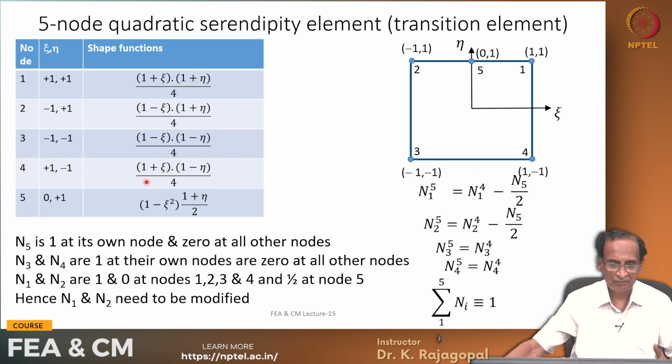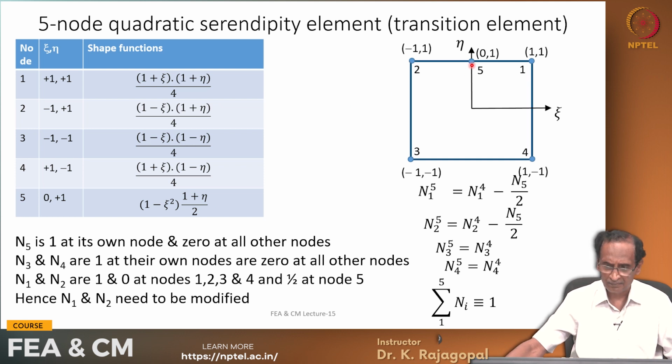Now we have introduced the fifth node at this point, and that is 1 minus xi square, because this is the middle node along the xi direction when you have 3 nodes. In the eta direction it is at eta of plus 1, and there are only 2 nodes along the eta direction, so this could be written as (1 plus eta) by 2.